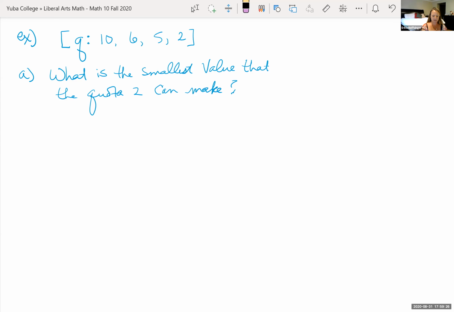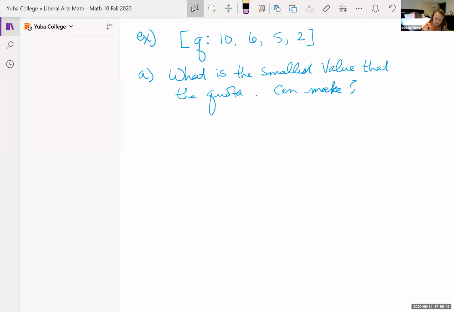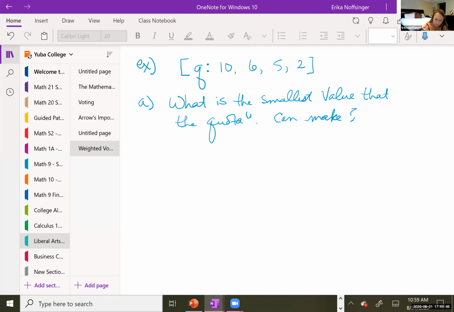What is the smallest value of the quota you can make? So basically, our quota, the smallest value, actually can be 1.